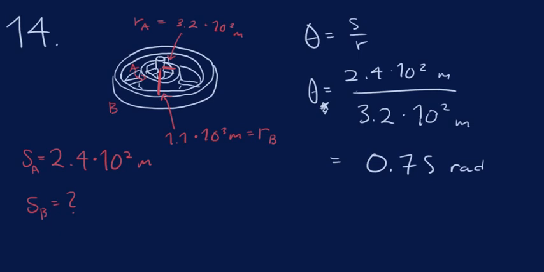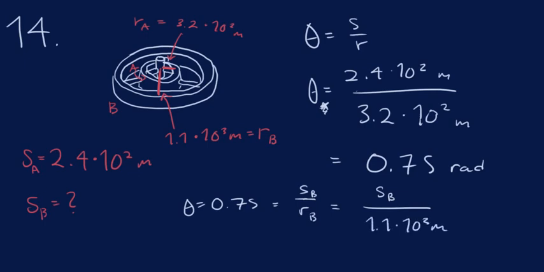So theta equals 0.75, equals S over R B as well. We don't know SB, but we do know RB, which is 1.1 times 10 to the third.